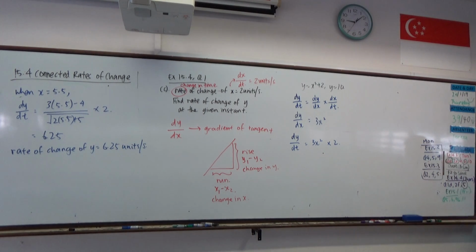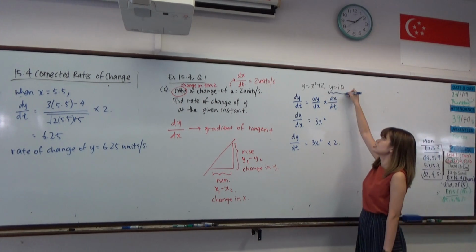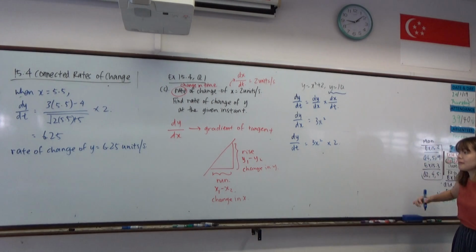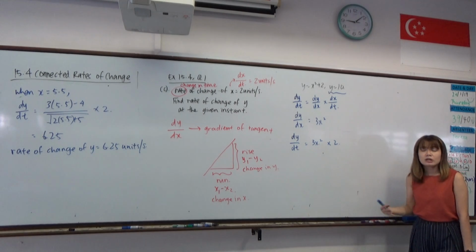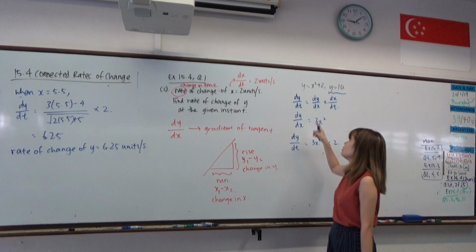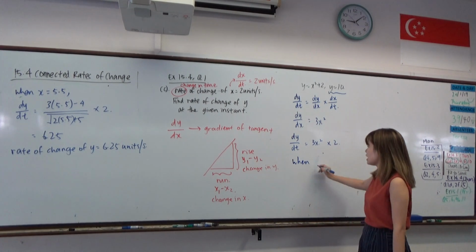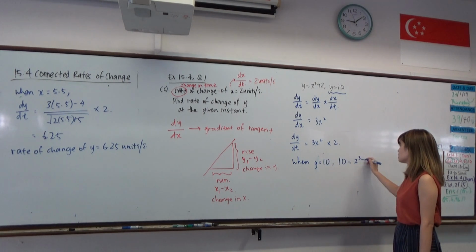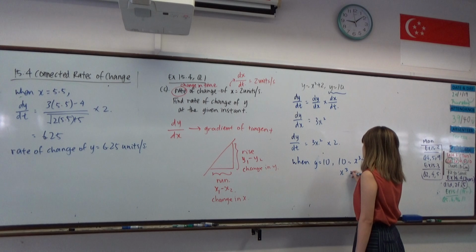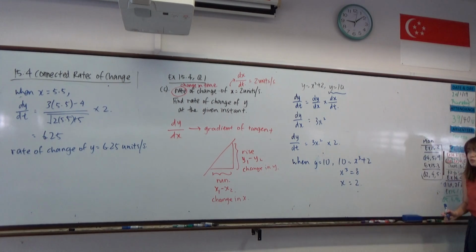But we want to find the value of this rate of change of y at a particular instance when y is equal to 10. But there is no y over here, so we need to know what the x value is. The corresponding x coordinate will be found if you substitute y equals 10 into the original equation. So x will be equal to 2.